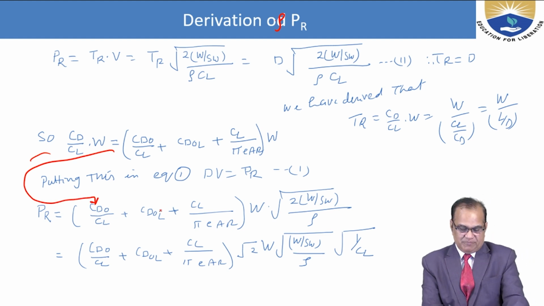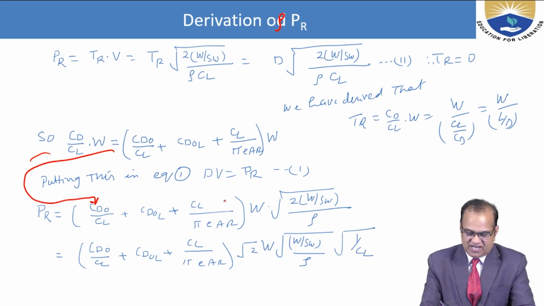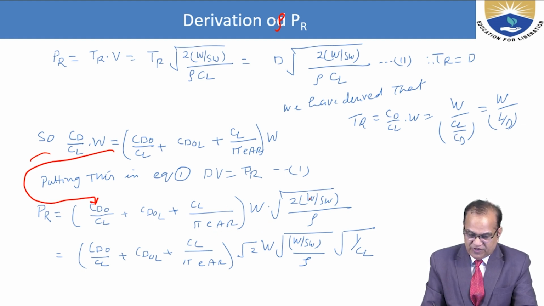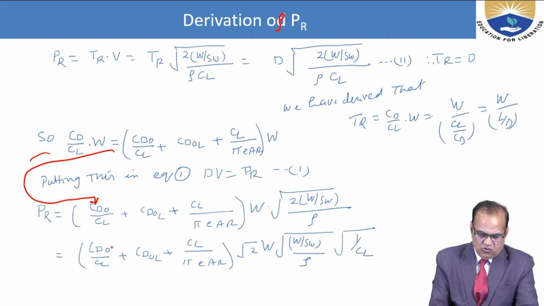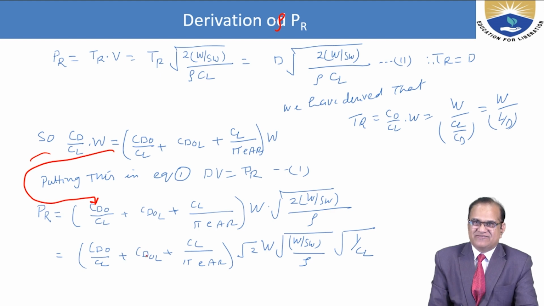CD naught by CL plus CL by pi E aspect ratio, into W. And for the V we can put the whole square root of 2 W by SW by rho. So now CD naught by CL plus CL by pi E aspect ratio.